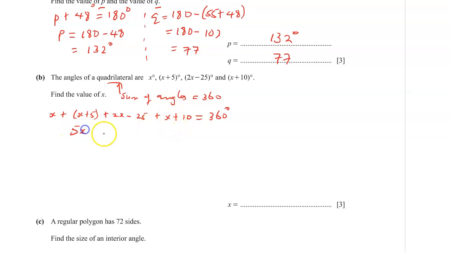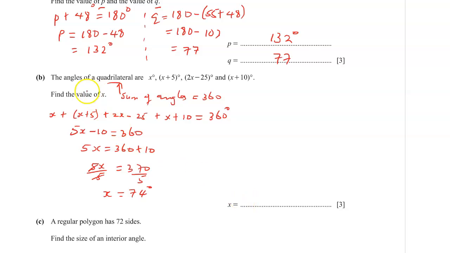So we have 5x, then 5 minus 25 gives you minus 20, and minus 20 plus 10 gives us minus 10, equal to 360. 5x is equal to 360 plus 10, and we divide both sides by 5, so 5x divided by 5 is equal to 370 divided by 5, giving us x is equal to 74 degrees.